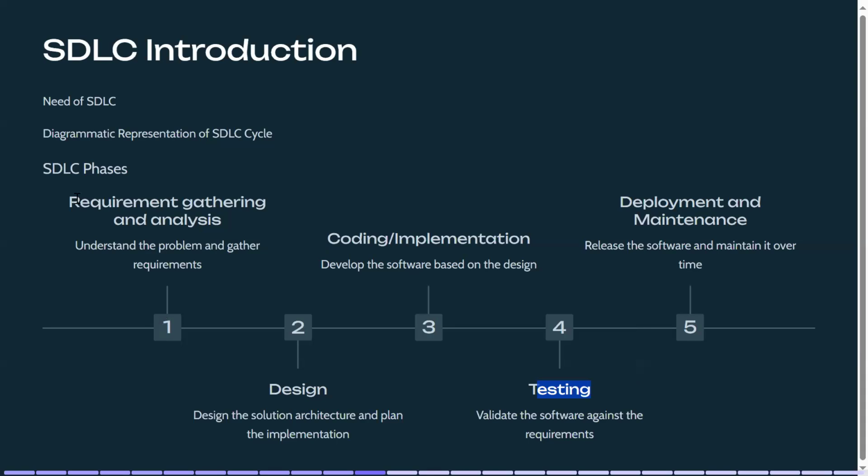There are 5 phases here. The first phase is requirement gathering and analysis. What is requirement gathering and analysis? In the first phase, we are understanding the problem. That means once we got the project from Government of India, we understand the problem and gather the requirements from them.